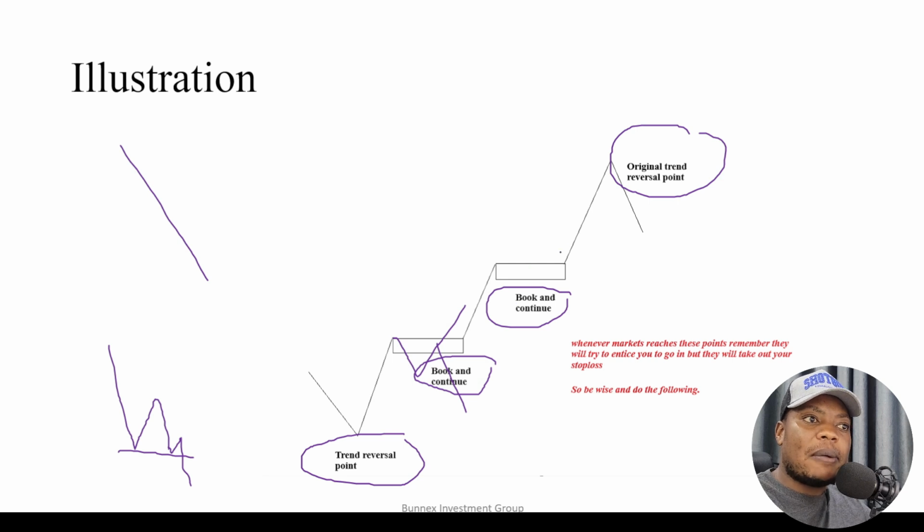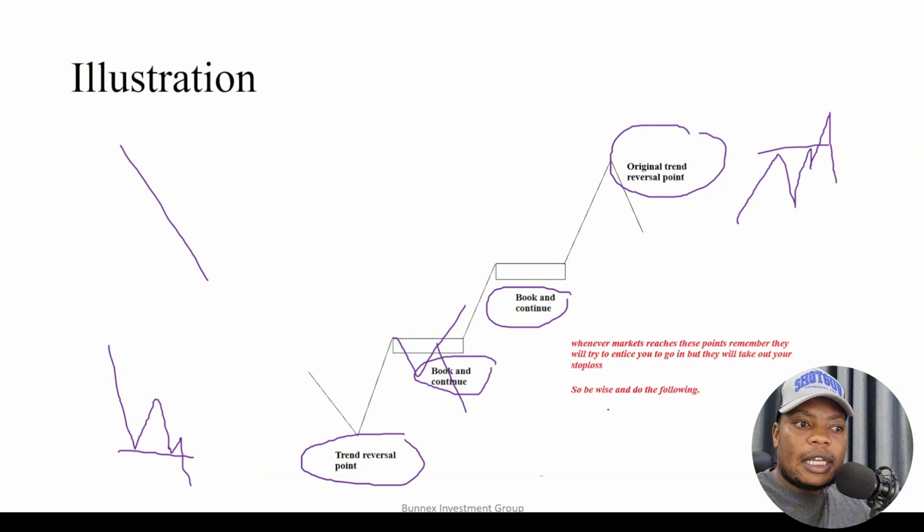Same applies at this particular point, and here is another point where they will entice you to go right at this zone, and later you'd see them do something like this. So whenever the market reaches these 4 points that I've shown you, remember they will try to entice you to go in, but they will take out your stop loss.